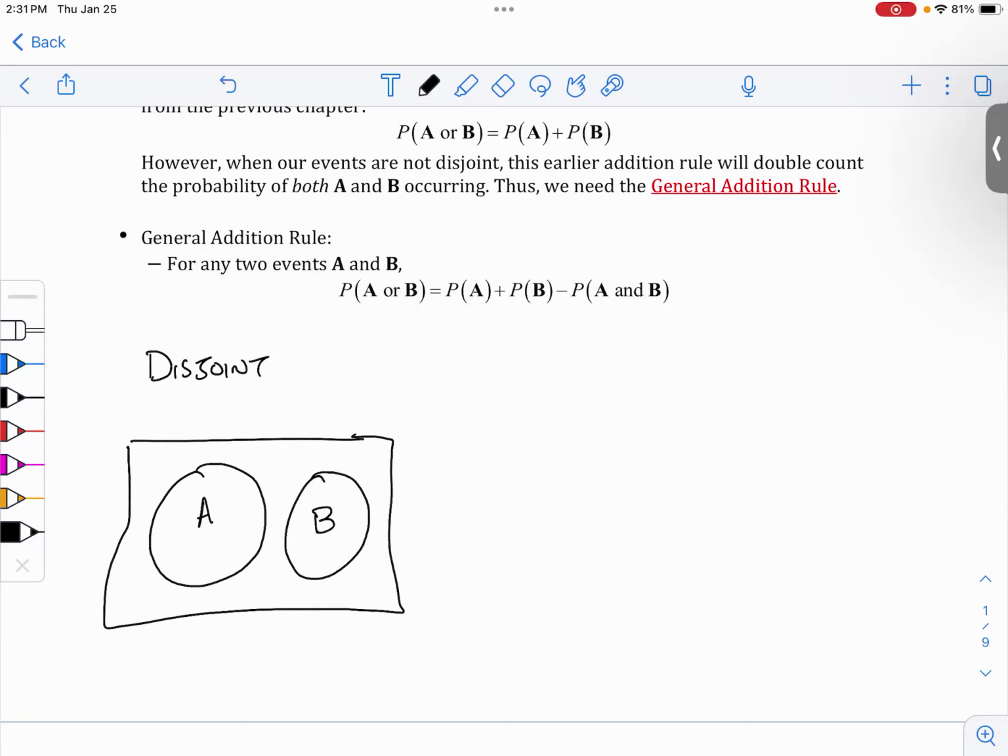Disjoint means not overlapping. And this one, probability of A or B equals the probability of A plus the probability of B. As simple as it gets. Or always means add. Now, what I talked about last time is or always means add and always means multiply, but what are you multiplying? What are you adding?